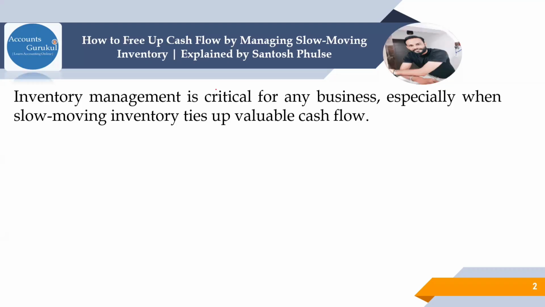Whatever inventory you have, from the systems you are able to get the aged report of the inventory, which is calculated from the purchase date of the inventory, the purchase date of the invoice.